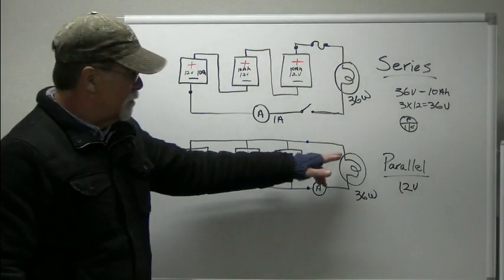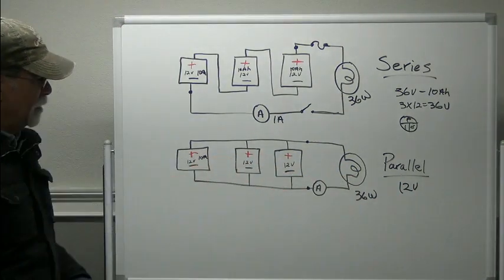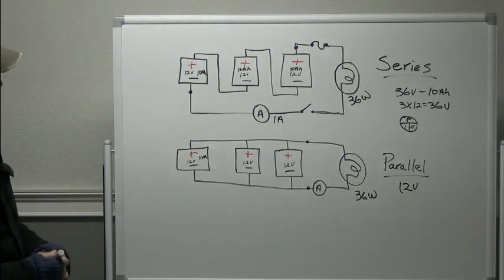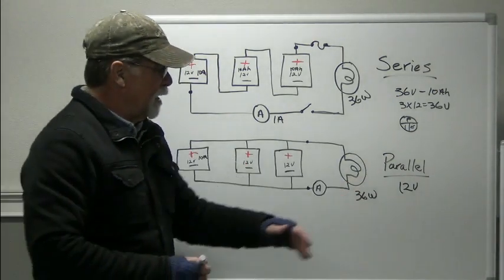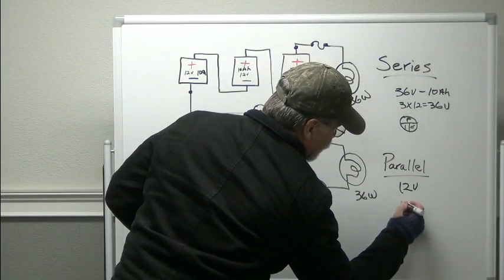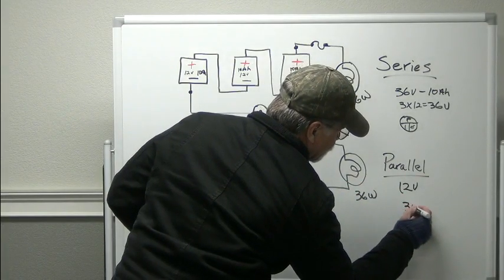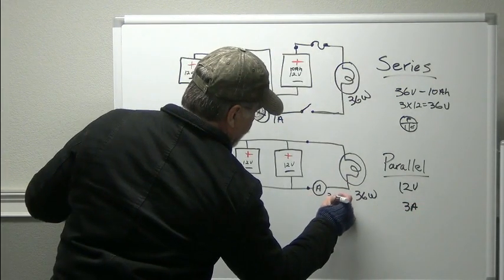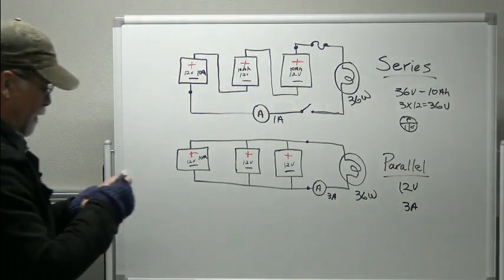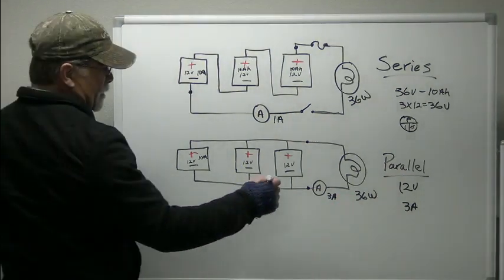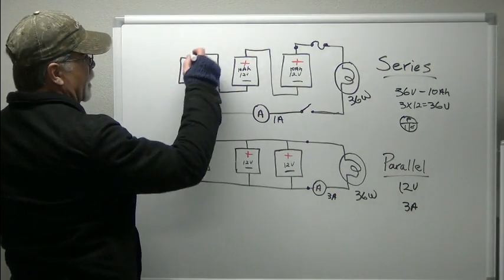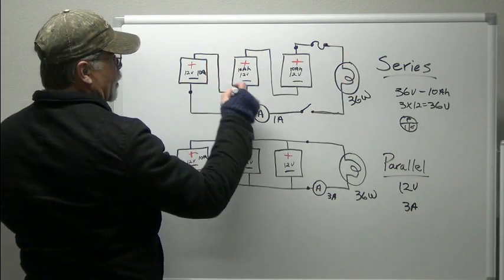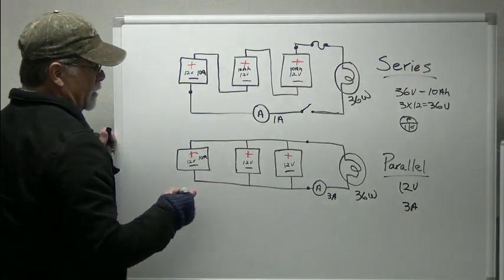And the current, we've got the same load, and again, using the same formula, well, 36 watts divided by 12 volts is going to be 3 amps. So this would be 3 amps right here. But as this is just one circuit here, current flow is going through this like this. So the current is the same through the entire circuit.